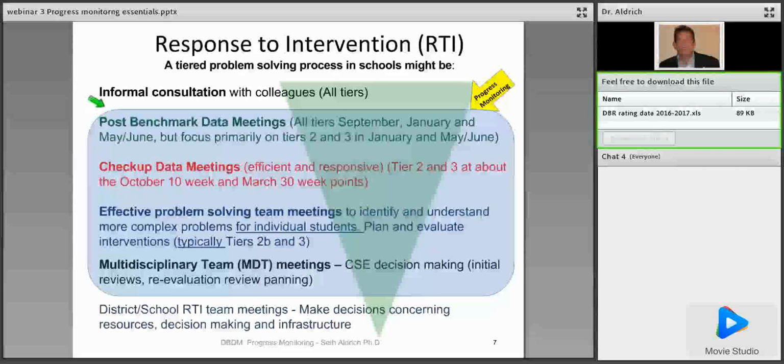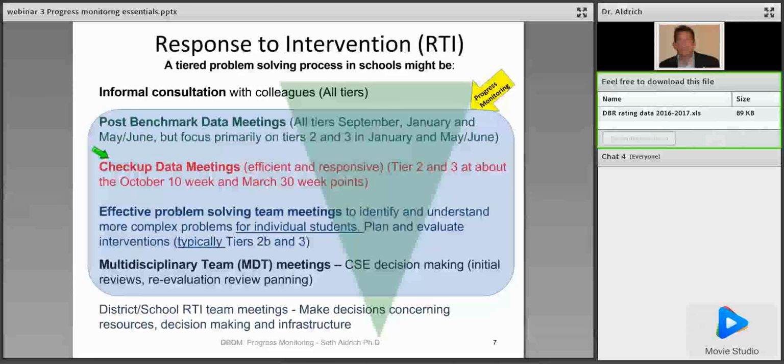I've spent a lot of time talking about infrastructure in a school that really enables people to respond to data. If we're just piecing it together reactively and we don't have an infrastructure to support decision making and interventions and changing interventions and having a coordinated, planful response to the data, it becomes very difficult for schools to pull off.